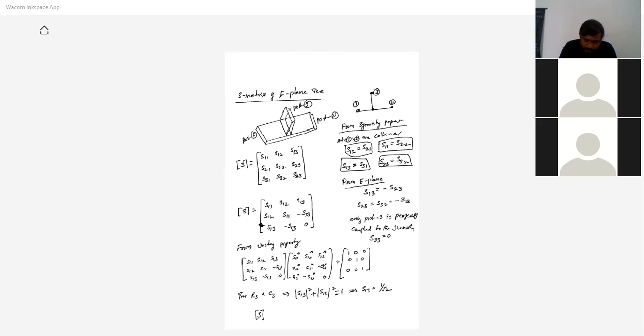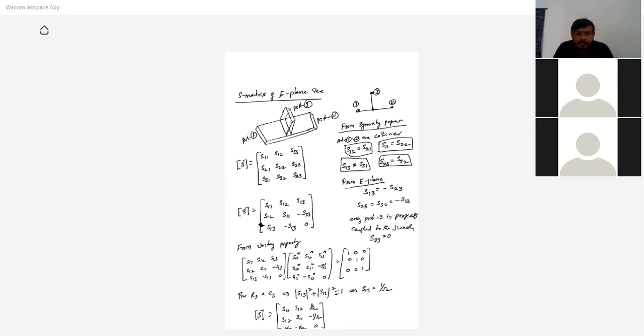Now this S is equal to S11, S12, 1 by root 2. So this is S12, S11 minus 1 by root 2, 1 by root 2 minus 1 by root 2, 0. This is the modified matrix. Next, please. So then from 0 property, row 1, column 3, R1, C3.